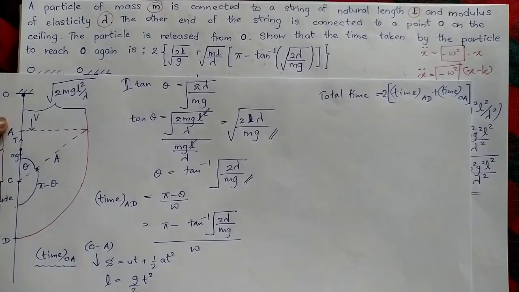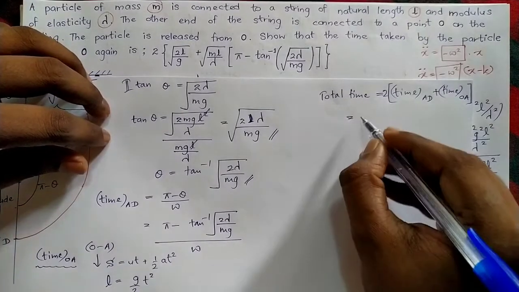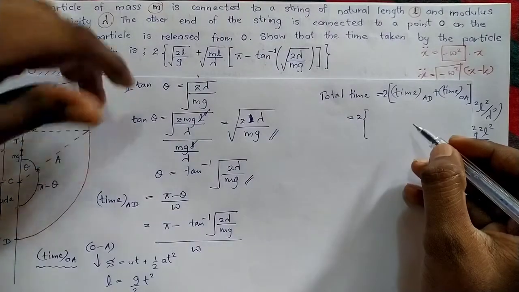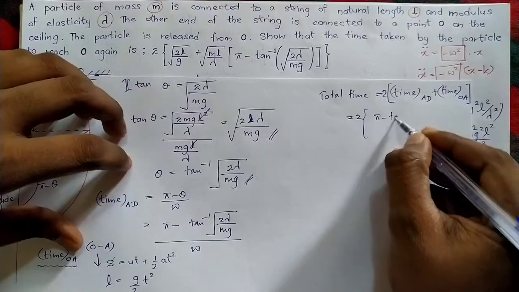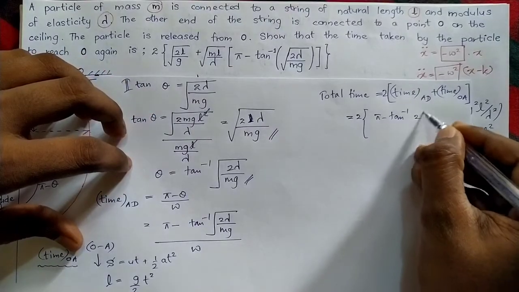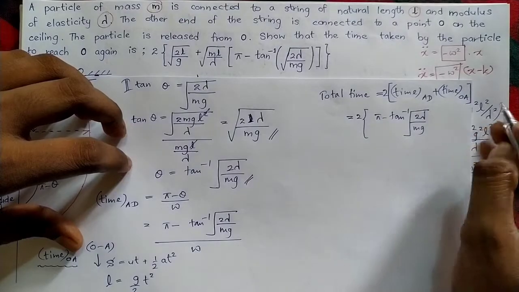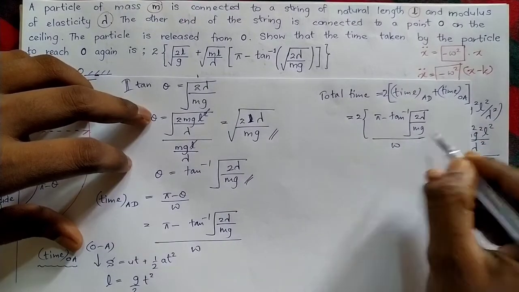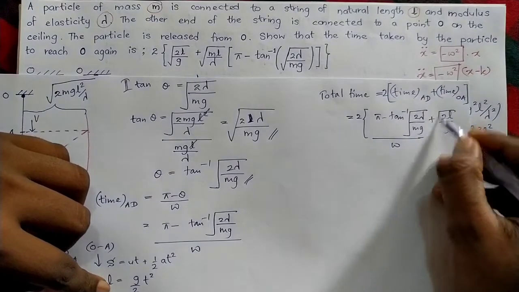O to A is twice, A to D is also twice. Then 2 times the A to D time is pi minus tan inverse this thing over omega. Here we have the square root of 2L over g.